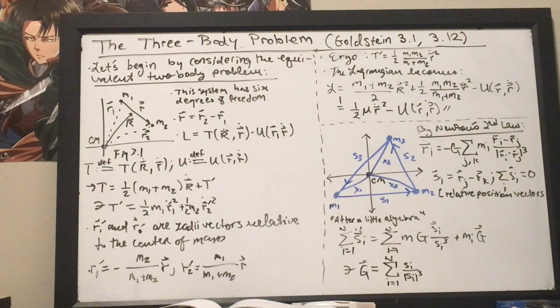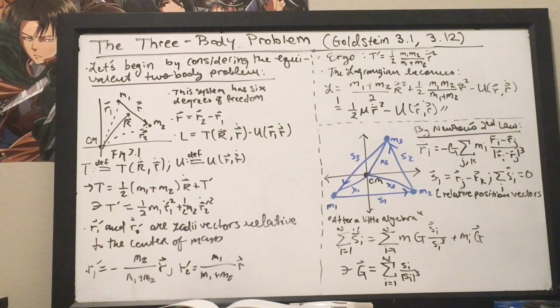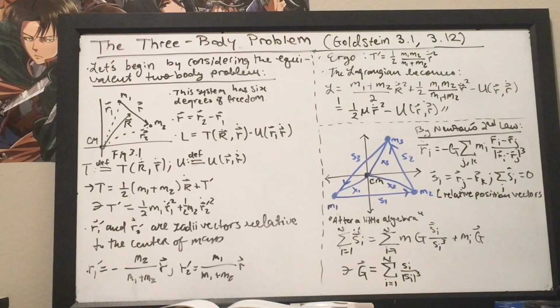Now this particular system has 6 degrees of freedom, which essentially means that it will also have 6 independent generalized coordinates.